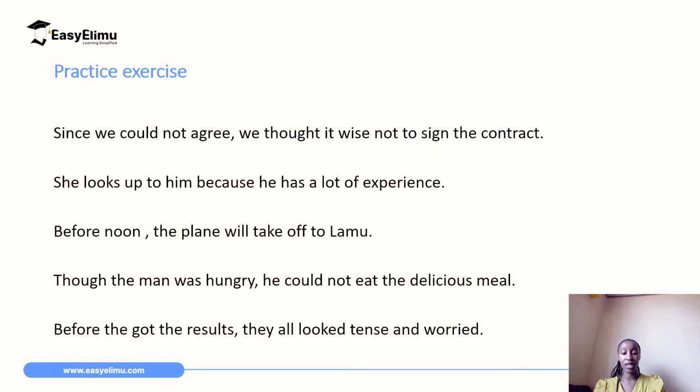And lastly, before he got the results, they all looked tense and worried. Before he got the results is the subordinate clause because it starts with the subordinating conjunction, and then they all looked tense and worried is the independent clause.